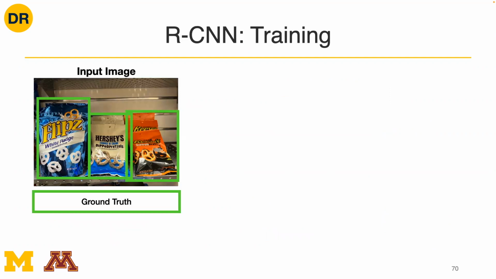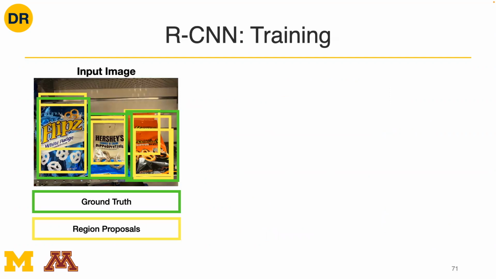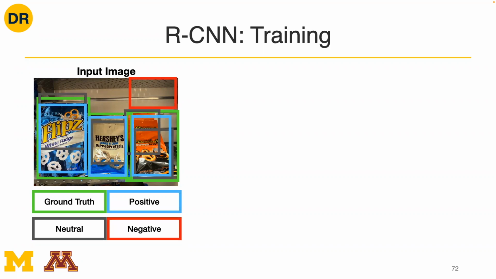So for instance, in the training, you have ground truth and you have region proposals. But then what will happen to these proposals is that they're going to be categorized into positive, negative, and neutral. We'll see how to do that. So for instance, let's say we are only looking at classification as a problem.